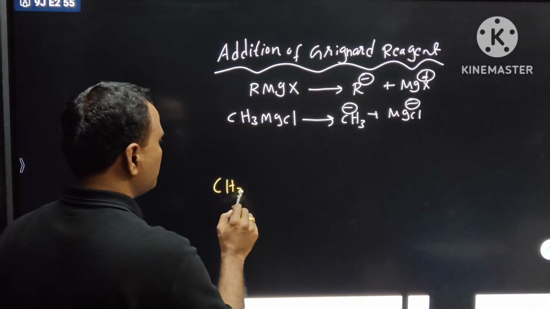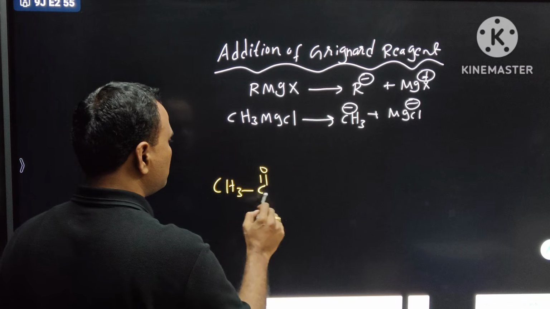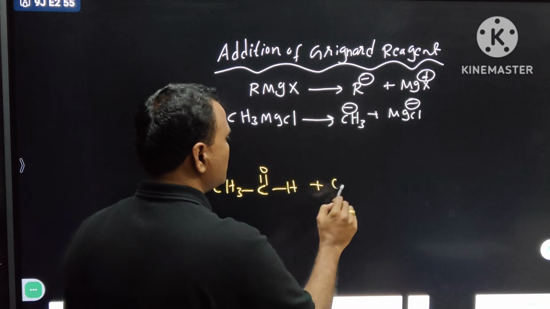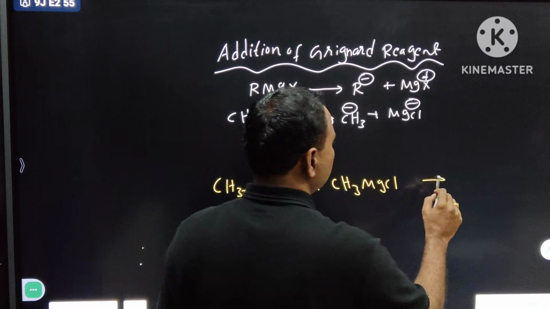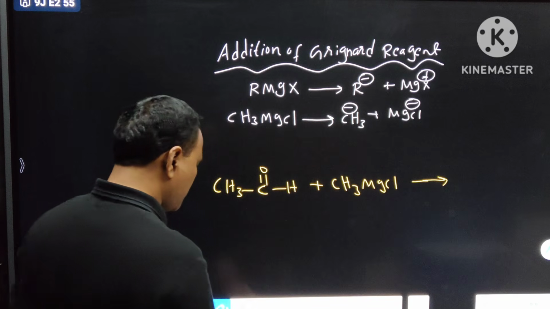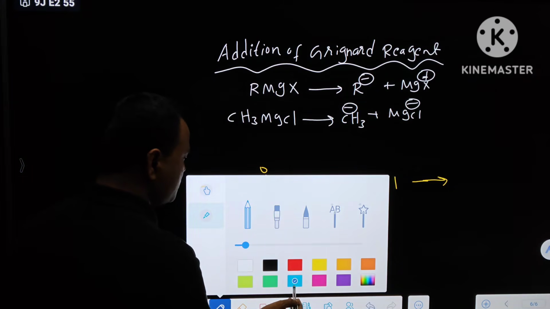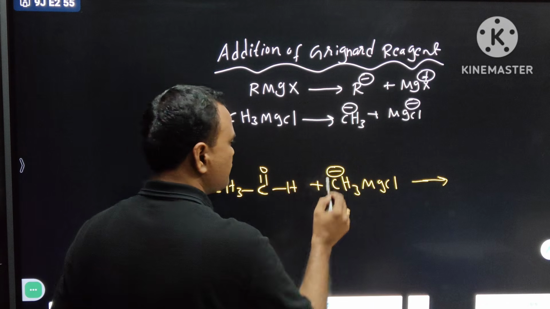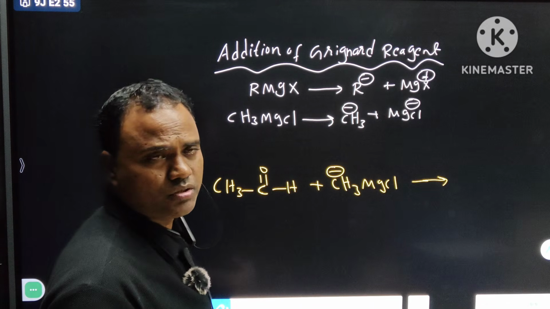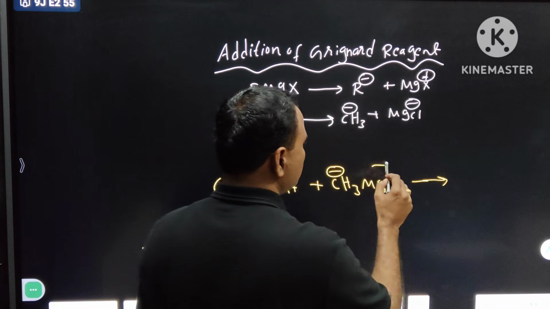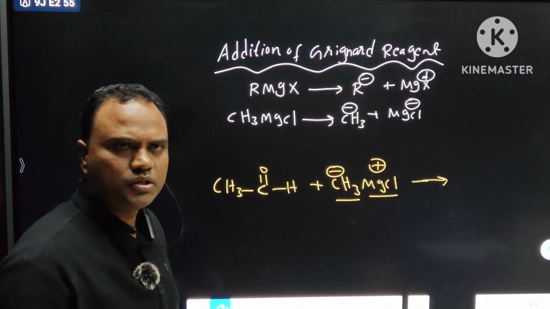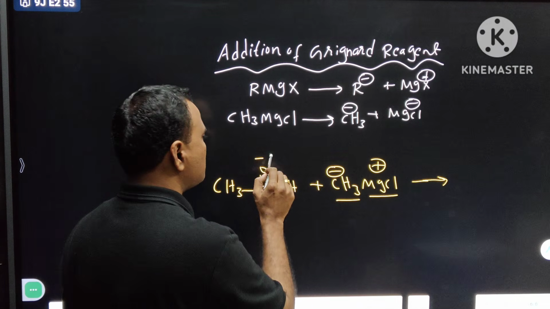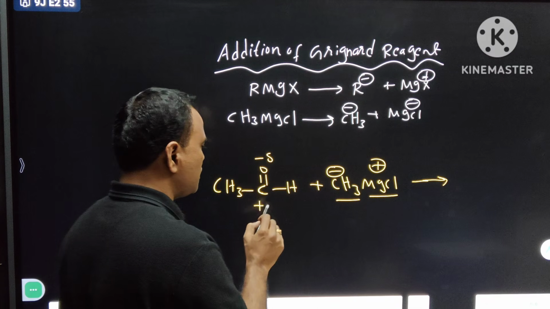I am taking aldehyde CH3C double bond O and I am adding Grignard reagent methyl magnesium chloride. What is the negative part in Grignard reagent? CH3 minus. This is positive. And you know in the carbonyl group oxygen is negative, carbon is positive.